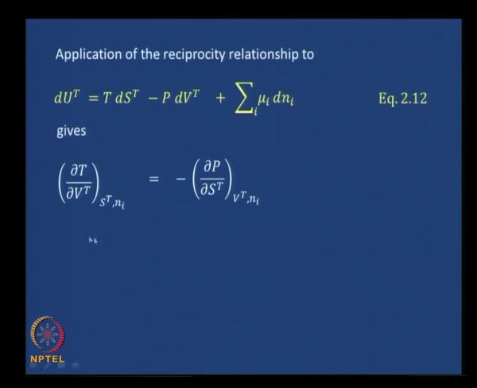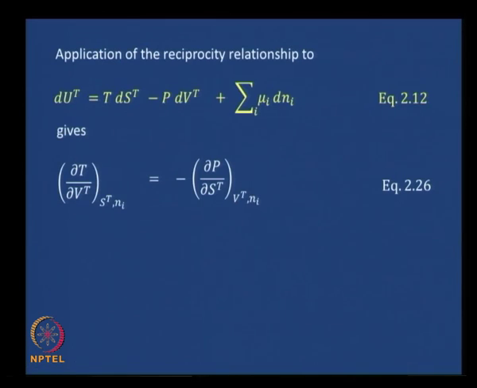So, this gives a nice relationship between the thermodynamic variables just by using the reciprocity relationship of writing differentials. We will call this equation 226.